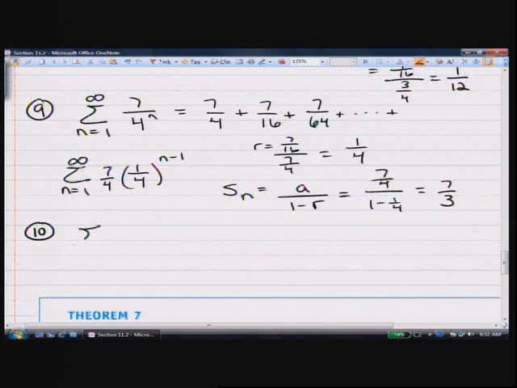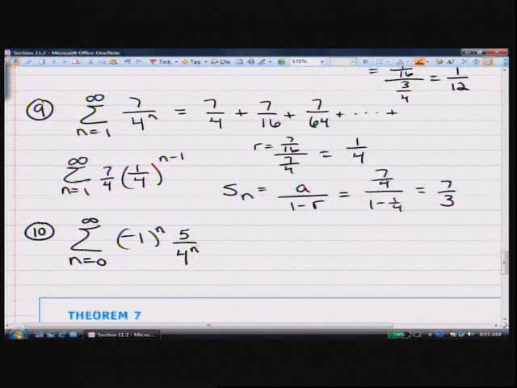Here's another one. The sum as n goes from 0 to infinity of -1 to the n times 5 over 4 to the n. All right? So let's see if we can see what happens with this one. The first term, when we put 0 in, that'll be 1, and then it'll be 5, right?